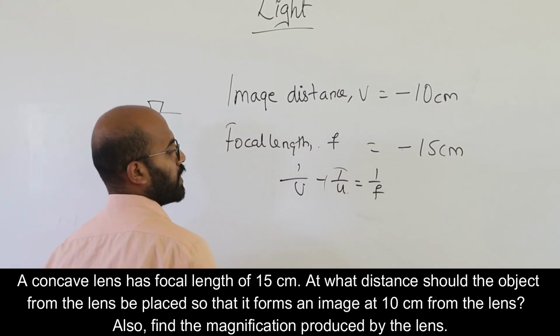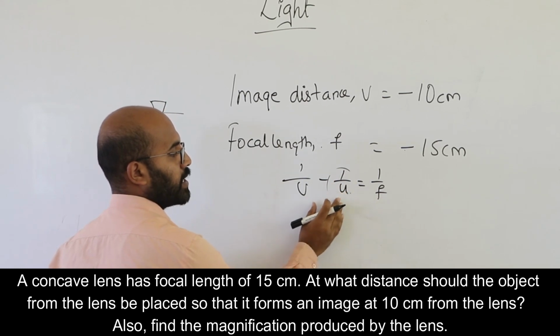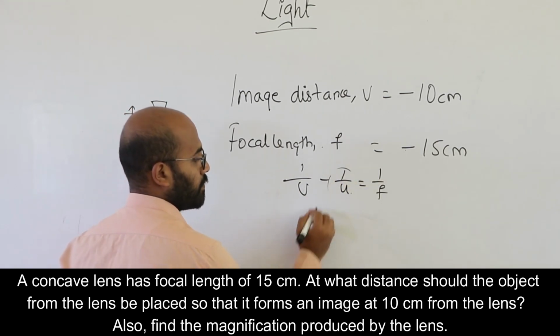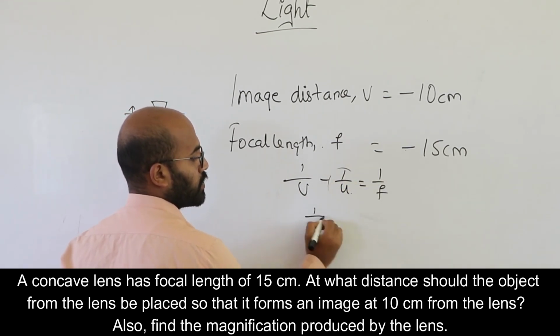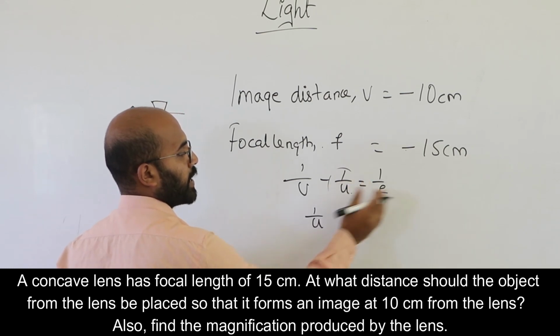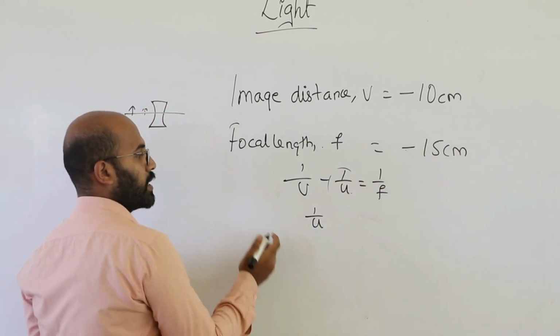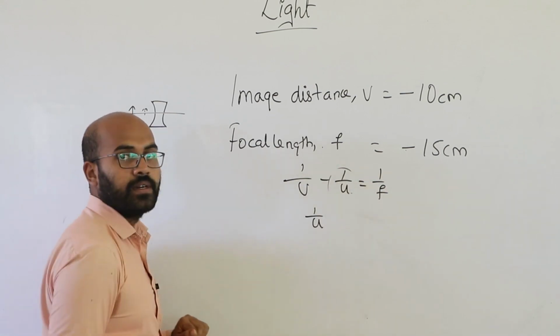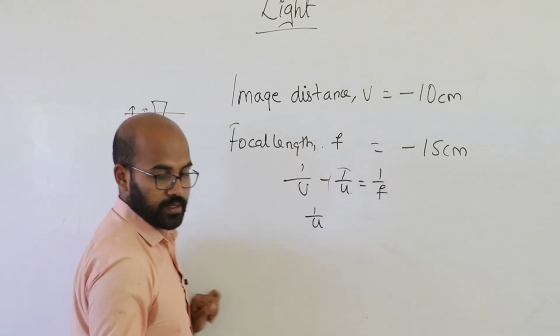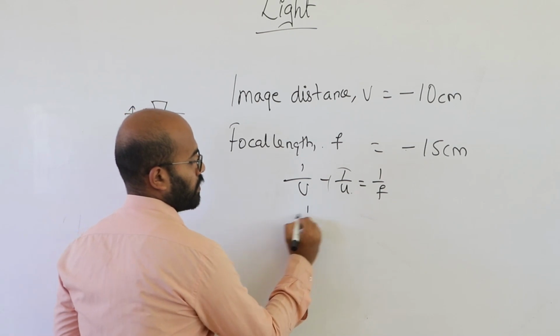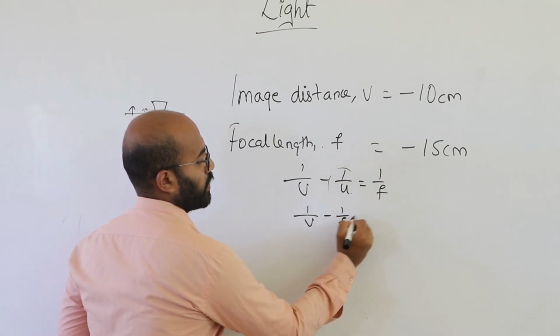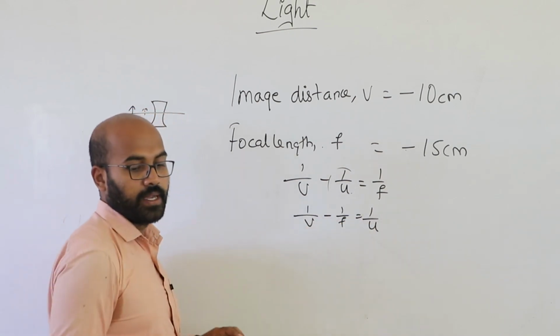I need to find the value of u. So I will take u to the RHS and f to the LHS. 1 by v minus 1 by f is equal to 1 by u.